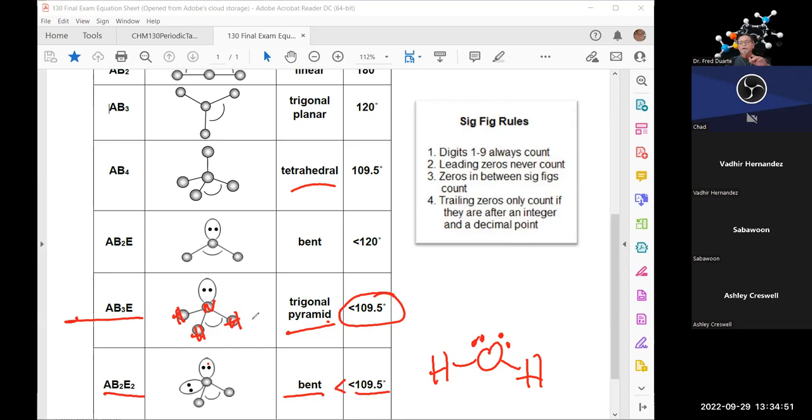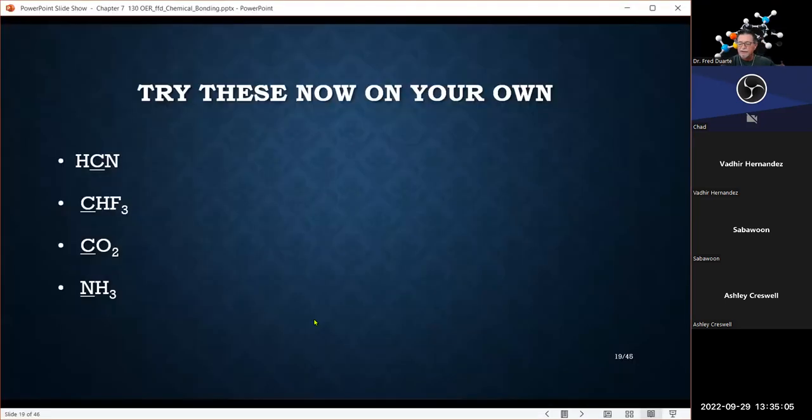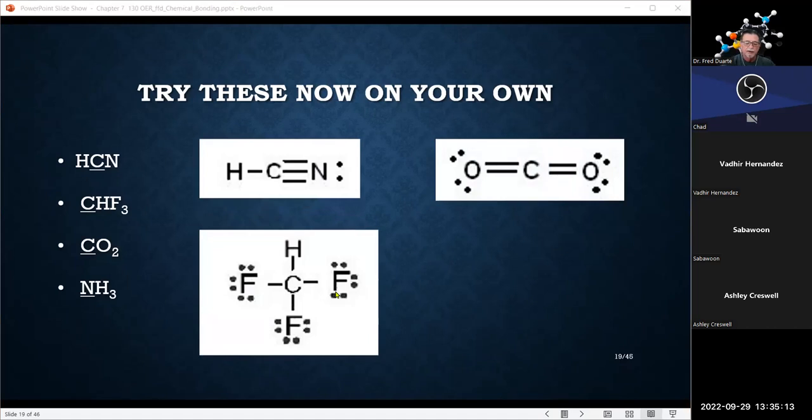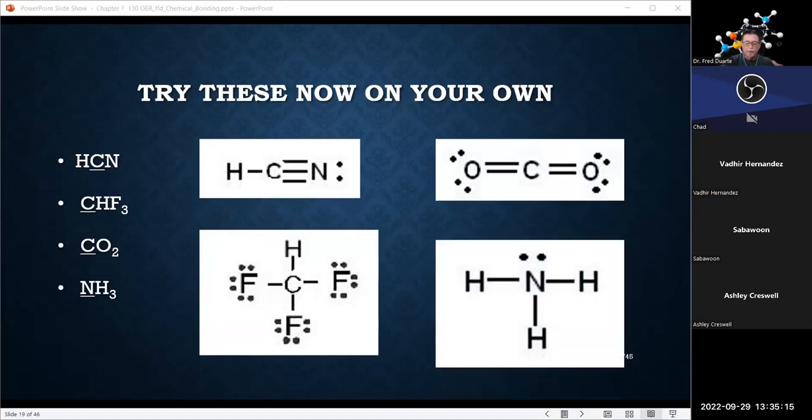Those lone pairs on the central atom have a big effect on what we call the polarity of the species, and things like what makes it more soluble in water or more soluble in non-aqueous systems. Is it more soluble in oil or more soluble in water? Those lone pairs could have a big factor in determining that. Much more on that down the road.